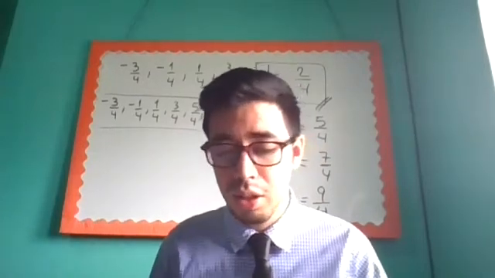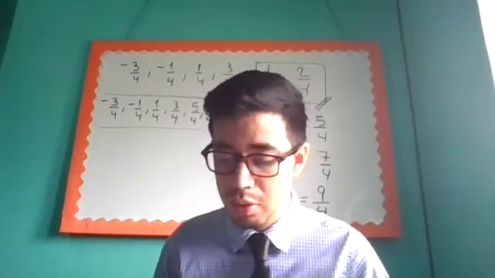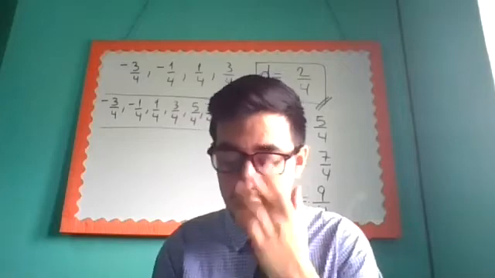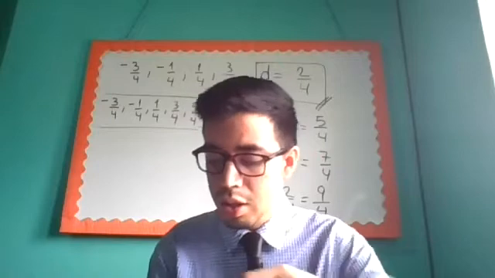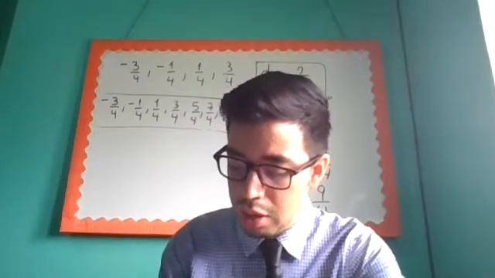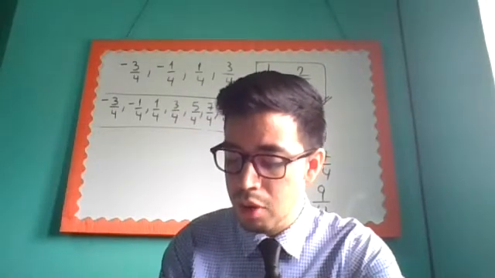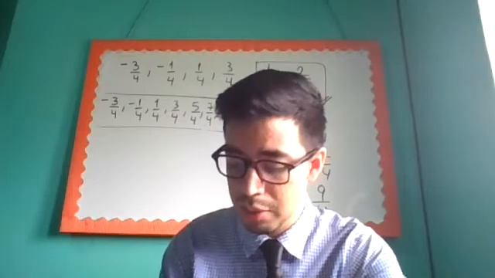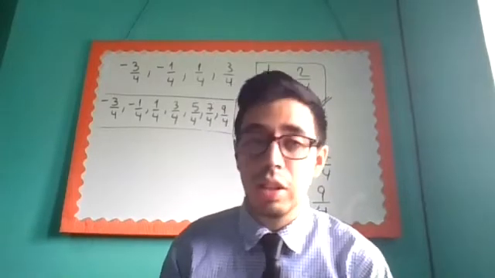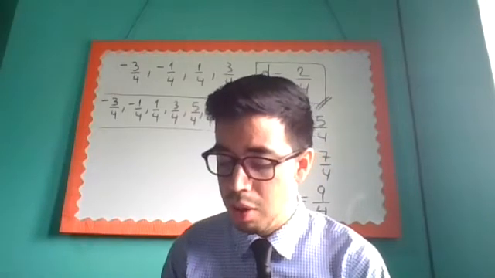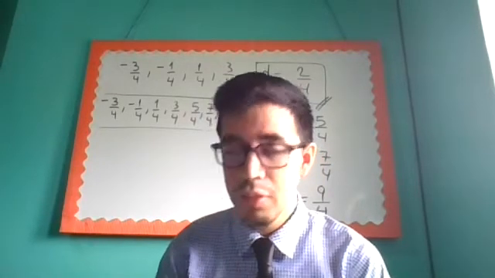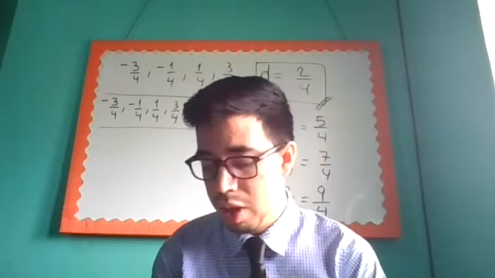So in example 2, we need to find the nth term of an arithmetic sequence. Example A, find the indicated term of each arithmetic sequence. For example, the 22nd term of 5, 2, -1, and -4. Step 1 is to find the common difference.